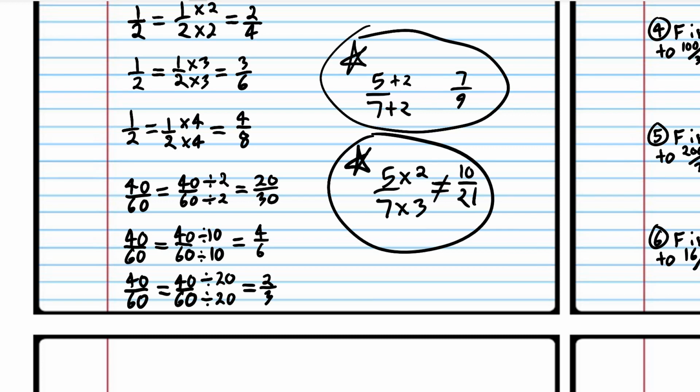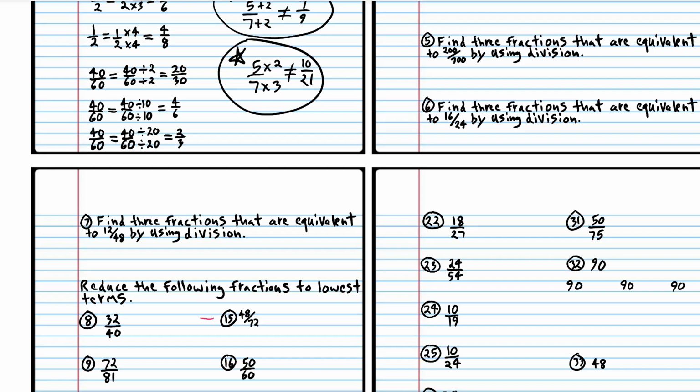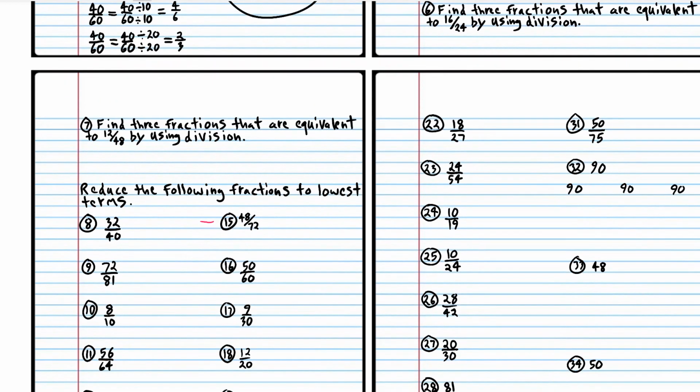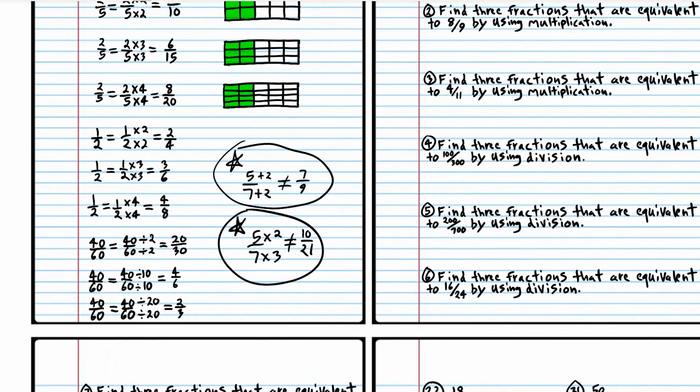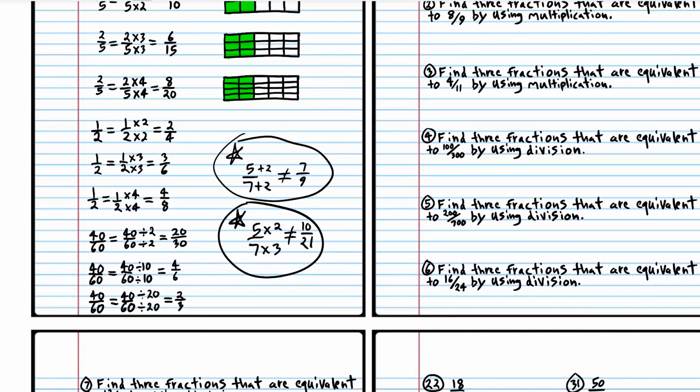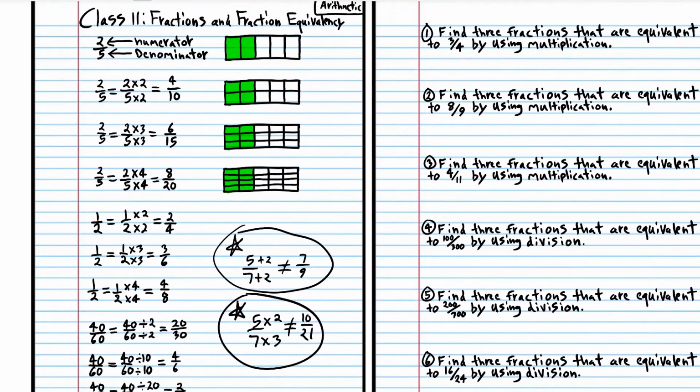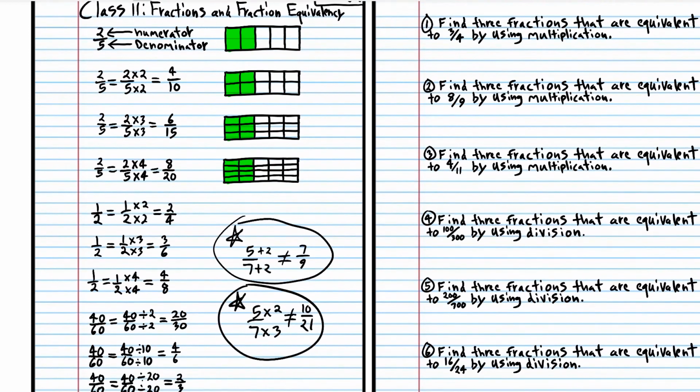It doesn't work. When you put a slash through an equal sign, it means not equal to. So just keep in mind that's not correct. So it's really important to keep the fundamental principle of fractions straight in your mind, or else this stuff is going to get really confusing as you go on. But as you can see, this is pretty easy stuff. No big deal. As long as you remember the fundamental principle of fractions, this class is going to be pretty easy.